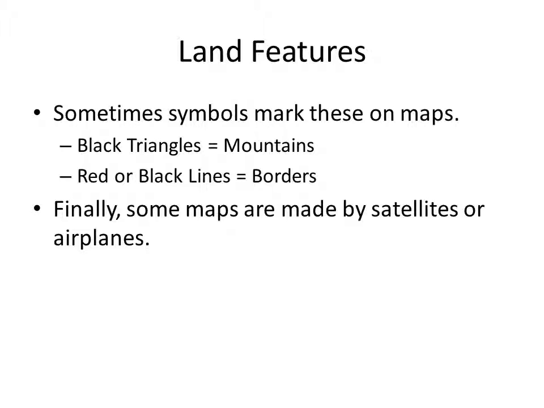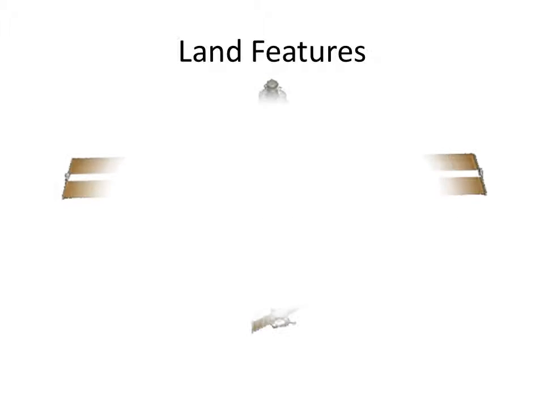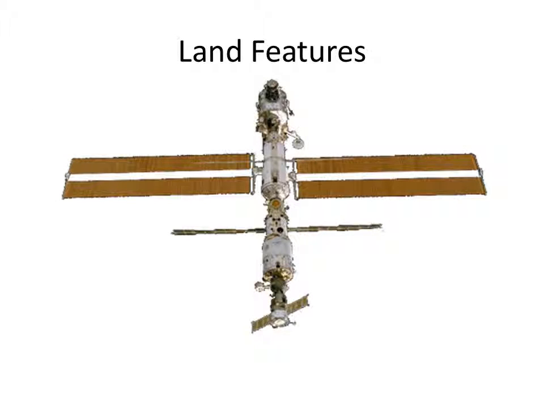And finally, some maps are made by satellites or airplanes. And what these satellites often do is they go around the Earth taking pictures after pictures after pictures, both really high resolution and not as high resolution, from different distances from the ground.